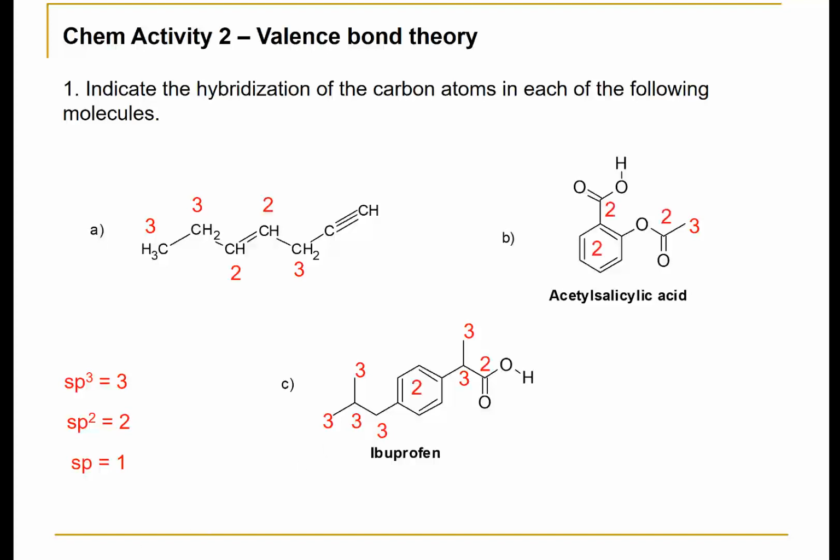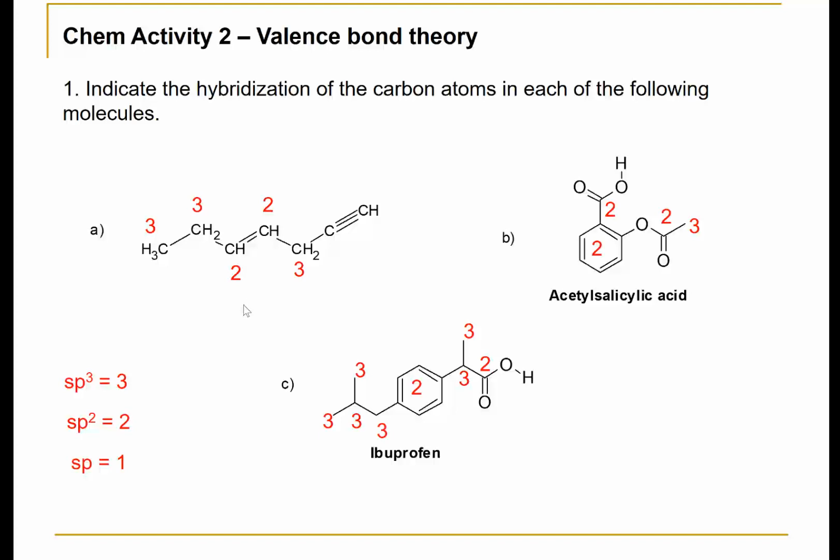Moving on, these carbons are sp2 hybridized. One of the things that you're going to notice is that a carbon that's involved in a pi bond is either going to be sp2 or sp hybridized. Just to run through a couple of examples, over here in this carbon, we see that it's making one sigma bond to a second carbon, another sigma bond to another carbon, and one sigma bond to a hydrogen.